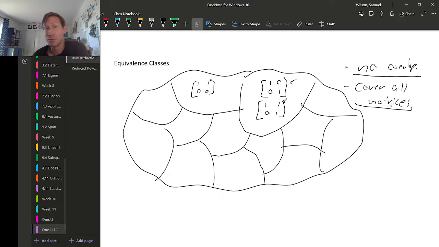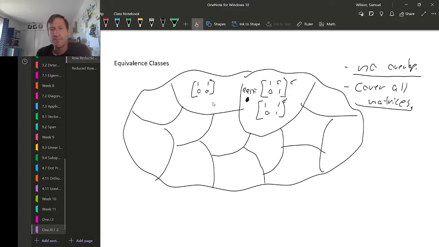But in fact, we can do a little better than that, because we know that every matrix has a unique reduced row echelon form, and of course you can get to that reduced row echelon form by doing row operations. So that means the reduced row echelon form for any matrix is in the same equivalence class as that matrix, but of course no two reduced row echelon form matrices are row equivalent to each other, because if we interpret them as augmented matrices for a linear system, they represent systems that have different collections of solutions.